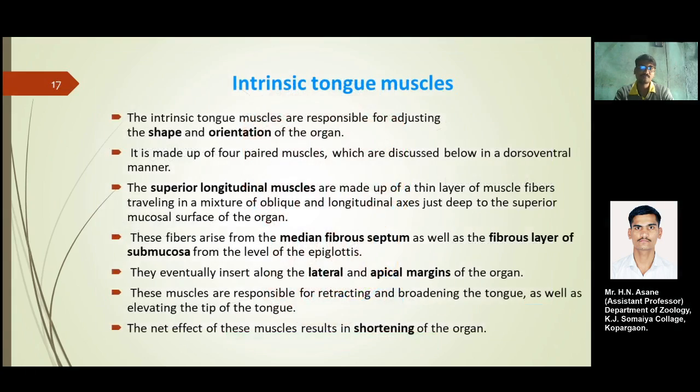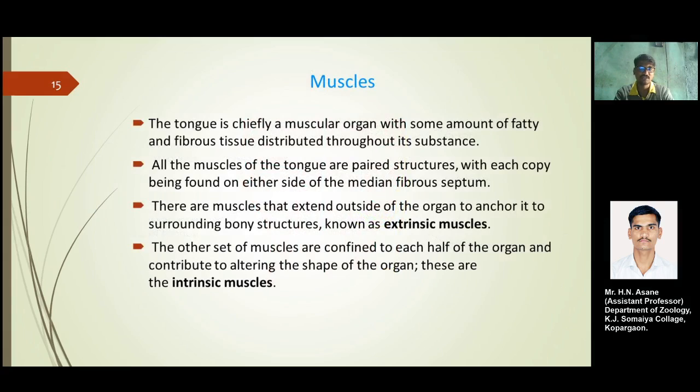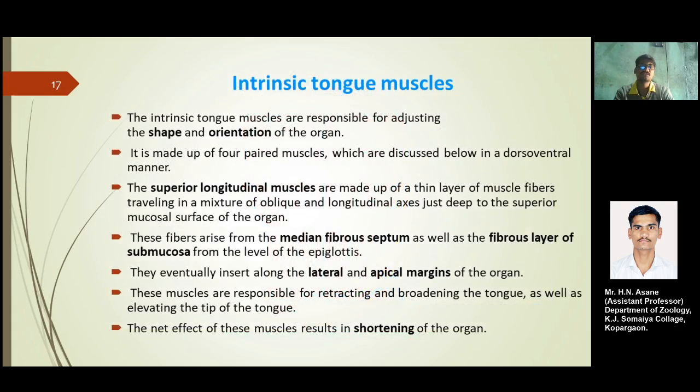Okay, so the intrinsic type. I have said that there are two types of muscle, extrinsic as well as intrinsic. So let's see the highlighting features of the intrinsic tongue muscles. The intrinsic tongue muscles are responsible for adjusting the shape and the orientation of that organ.